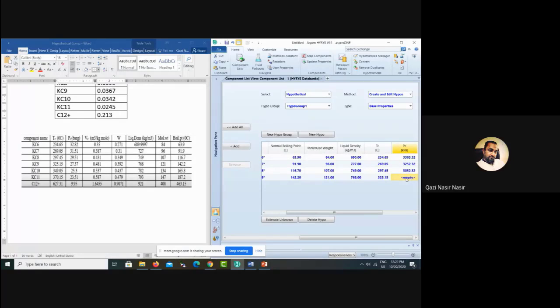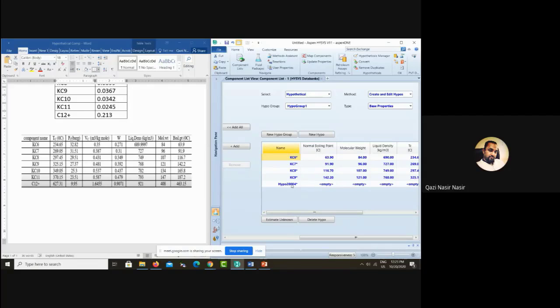Critical pressure is 27.37 G, which is gauge pressure in terms of bar. The critical volume is 0.431, and lastly the eccentricity is 0.392.